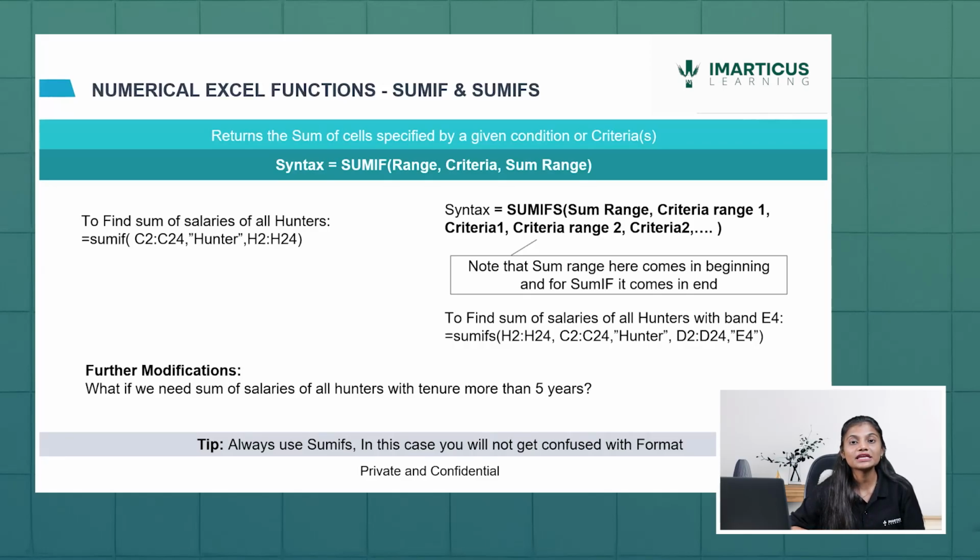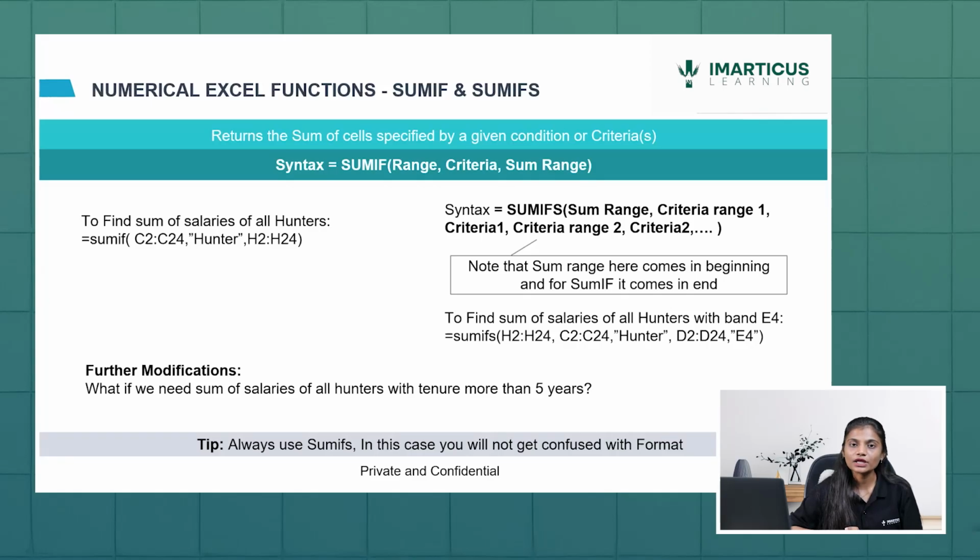Now there is SUMIFS as well. It's not only that I can filter out the data based on one specific condition, but I can filter out the data based on multiple conditions as well. So how will I take help of the same?